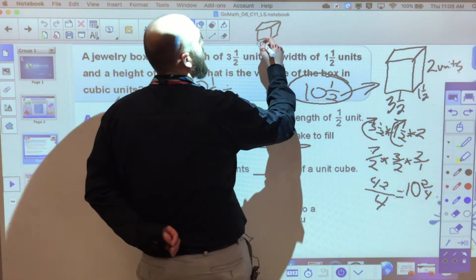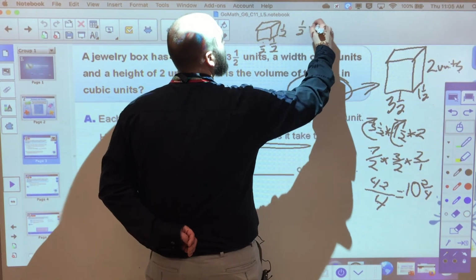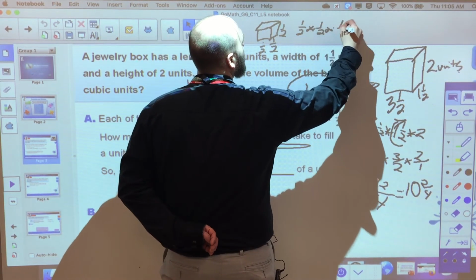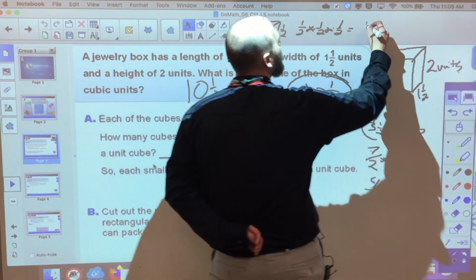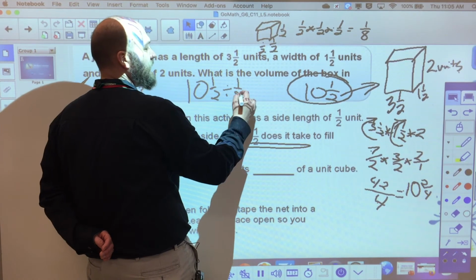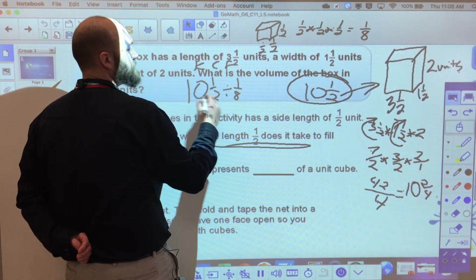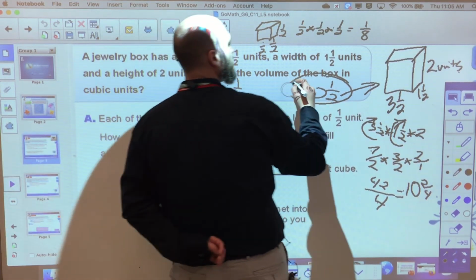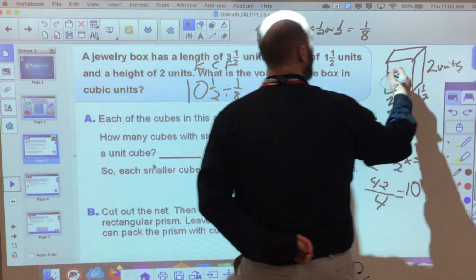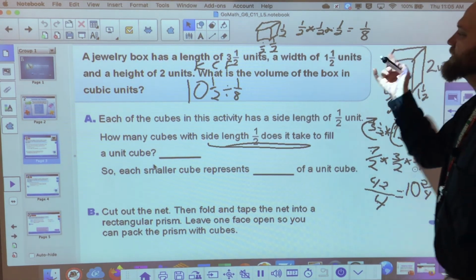Draw it out. 1/2 by 1/2 by 1/2 equals 1/8. So it's 10.5 divided by 1/8. So we're going to keep it, change it, flip it, and I get, let me make a little room here. I'm going to erase my 10.5. I'll put it in here. Volume equals, so that way we know it.